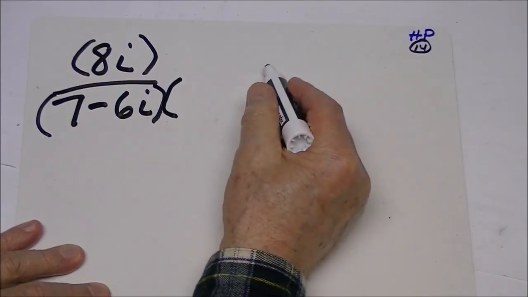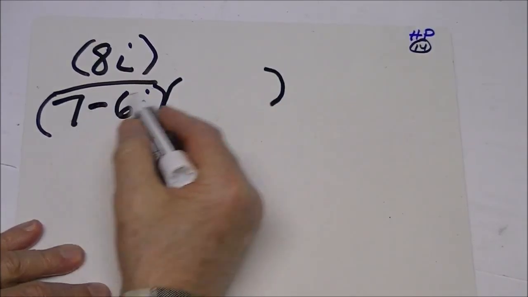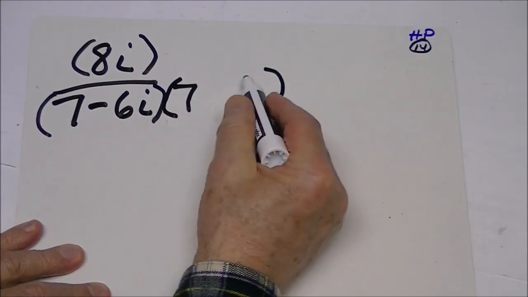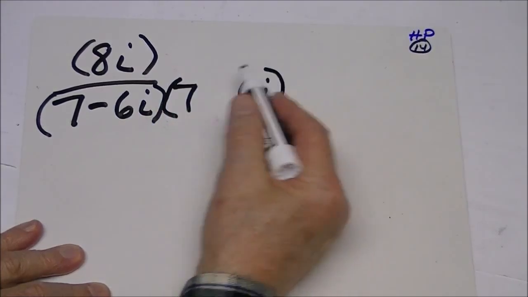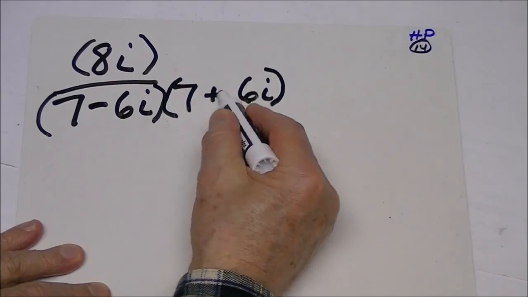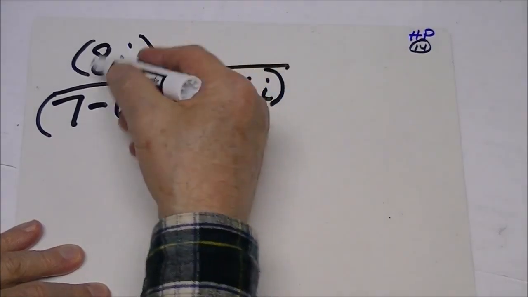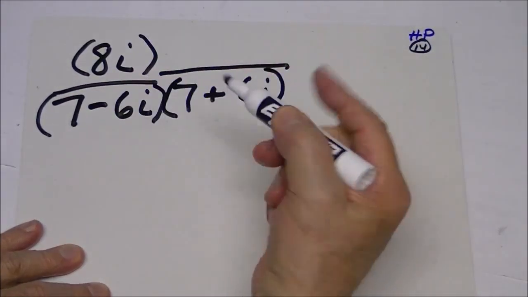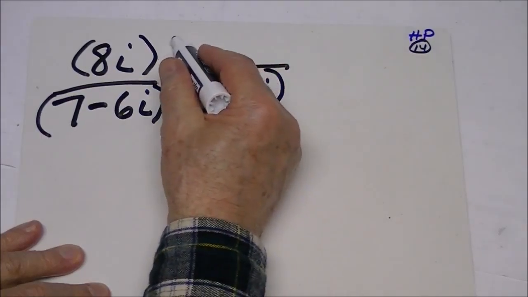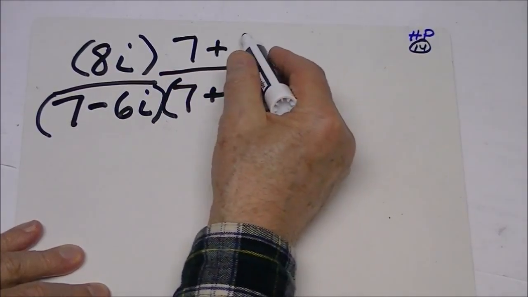So the conjugate of this would be the same terms, but the opposite sign. So in a sense, we're multiplying this fraction by 1. We have to have this on the top as well.